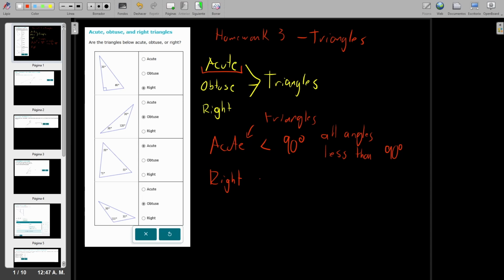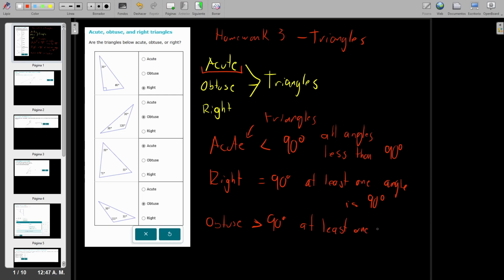Right angle means that at least one angle is 90 degrees, and obtuse angle means, well, it is above 90 degrees.